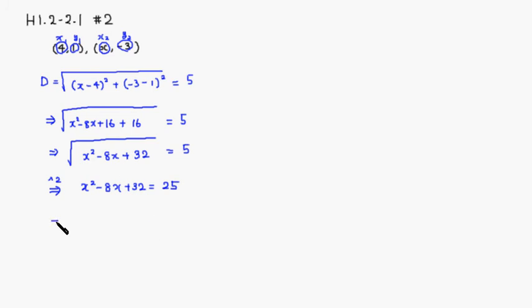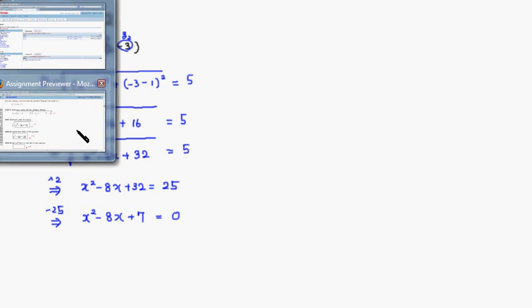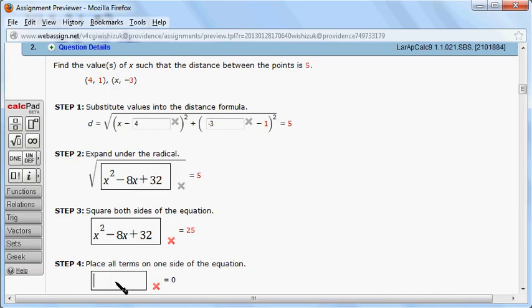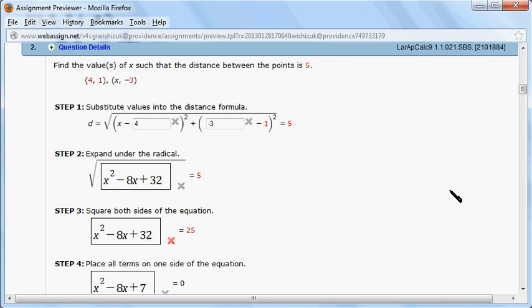Then you can subtract 25 from both sides. We get x squared minus 8x, and 32 minus 25 is positive 7, equal to 0. Alright, so we can write it as, like I typed it in, x squared minus 8x plus 7.